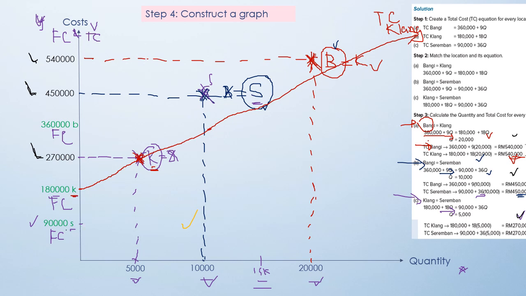So you start drawing from the fixed cost and you go and touch the intercept. Then we go and touch this intercept. My line is not correct because I don't know how to use a ruler. So this is the total cost for Seremban.